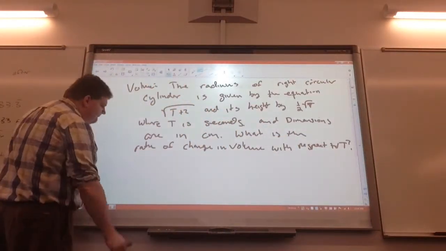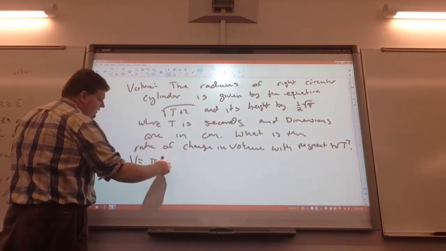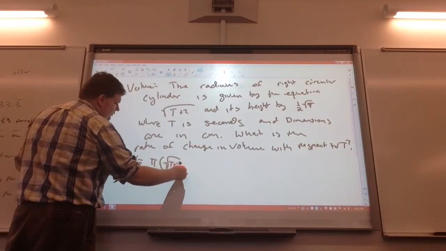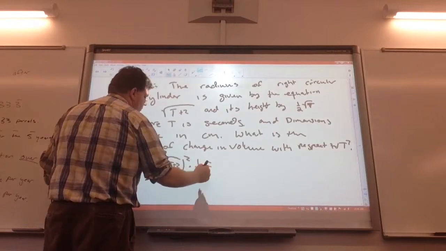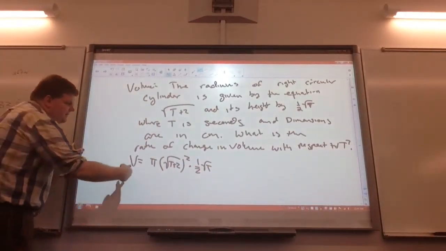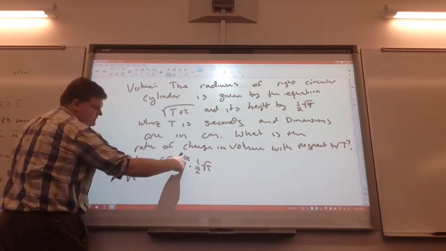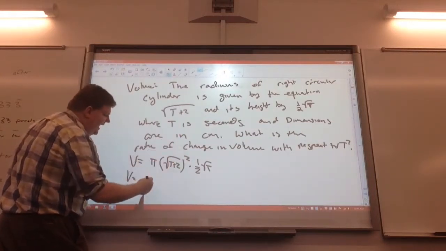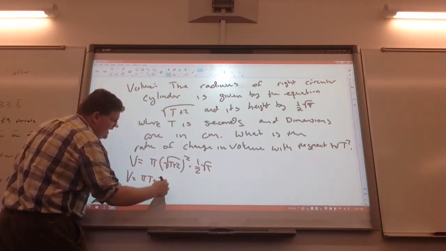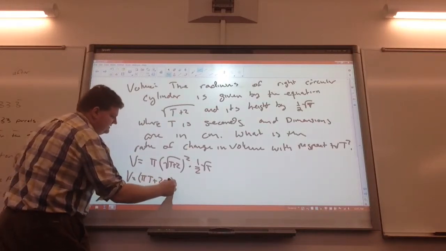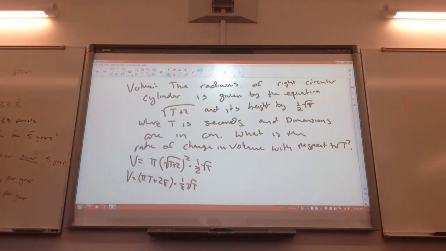So volume is going to be equal to pi times the quantity root t plus 2, squared, times 1/2 root t. I can clean this up. The square of the root is just t plus 2, so volume is pi t plus 2 pi, times 1/2 root t.